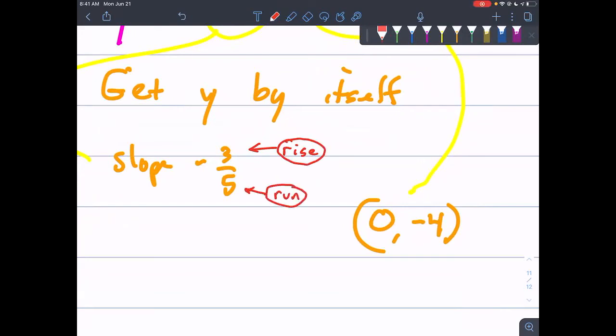And this is your run. And I should probably mention, if you've got a minus there, you can put the minus on top and make the rise negative, meaning you're going down. You can put the minus on bottom, meaning the run is negative, so you'd be going left. It doesn't matter which, but don't do negative and negative, because then you're basically turning it into positive, and you're changing it from what it actually is. But you can put minus on bottom or top, just not both.